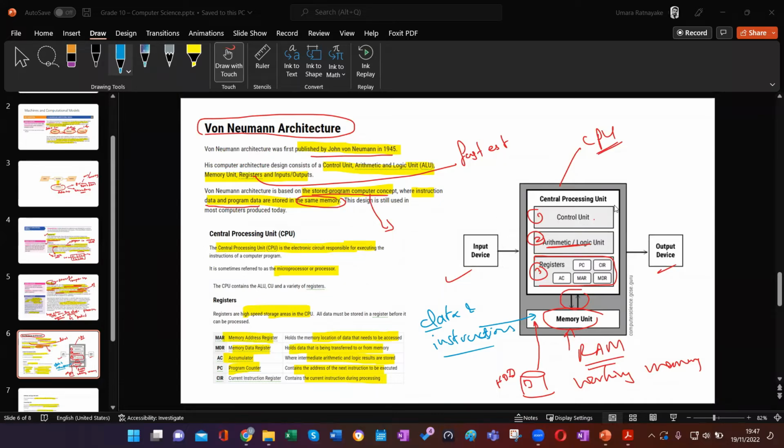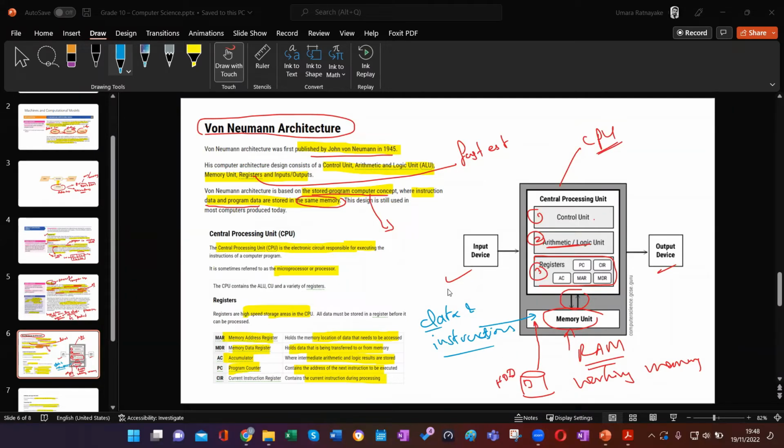Then the CPU was divided into three parts: control unit, arithmetic unit, and registers. The registers were the fastest memory in the computer, and they directly communicated with the RAM. So the RAM was supplying the data and instructions both to the registers, and the RAM could store data and instructions together. So data and instructions were residing in the same memory.